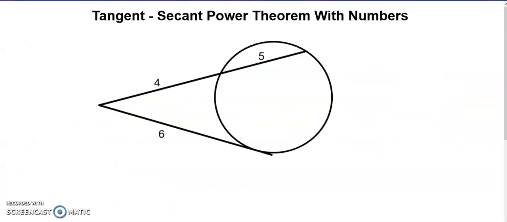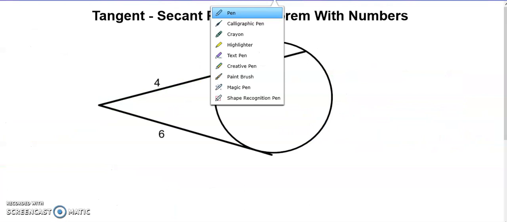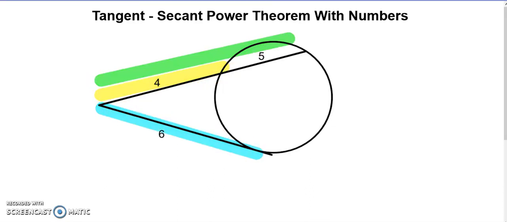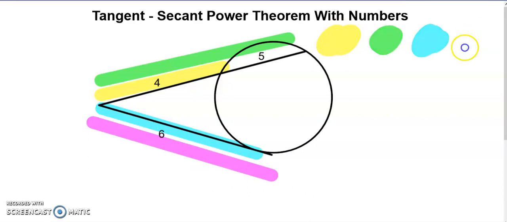And if we look at it with numbers, I have a secant on top and a tangent on the bottom. So we're going to do outside times whole: yellow times green equals blue times purple.